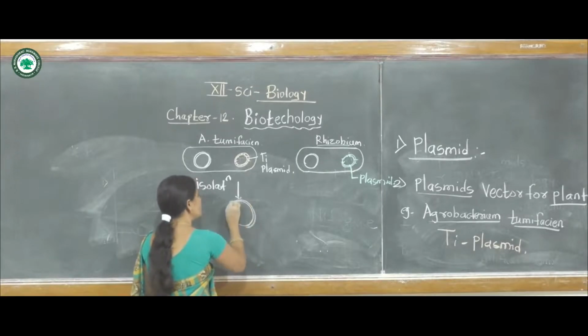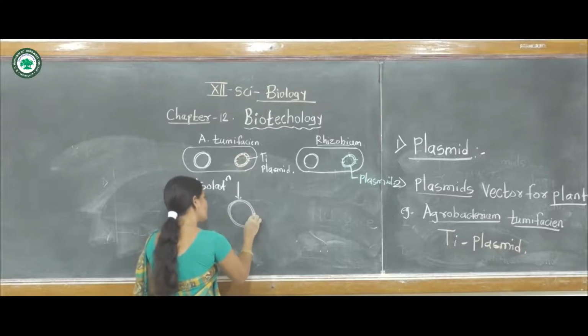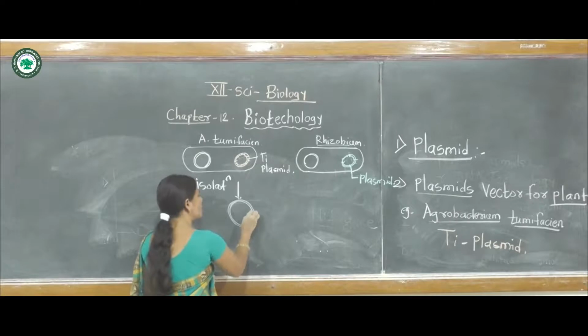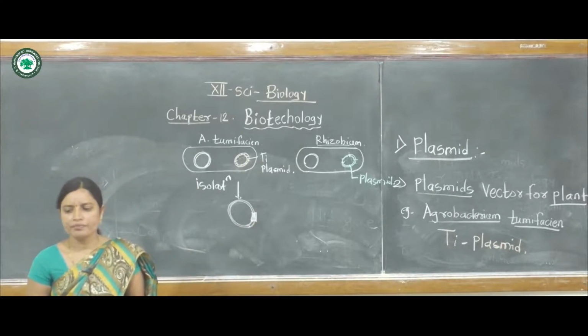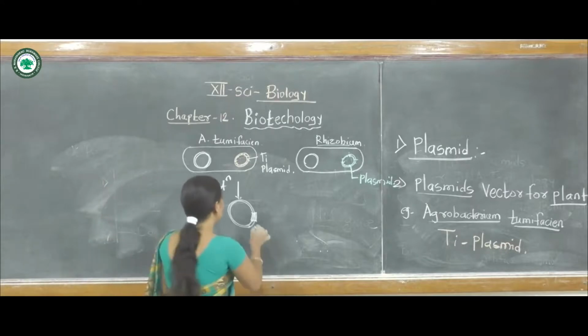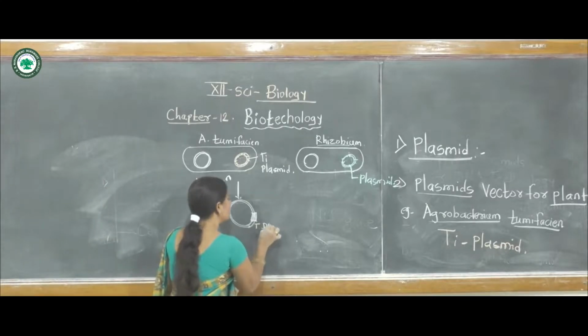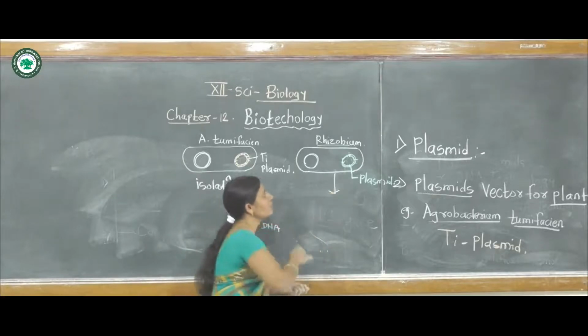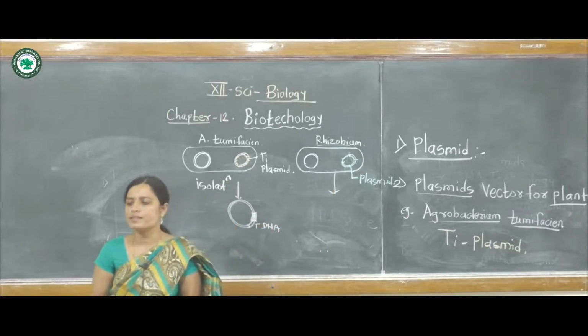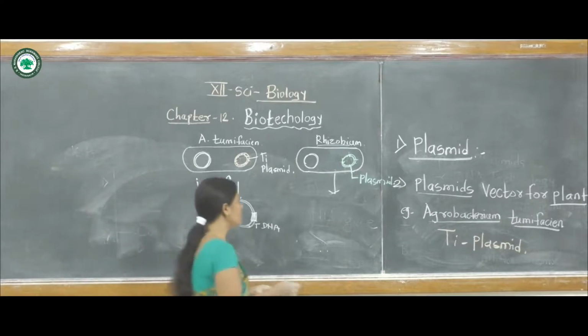This portion is cut, and this is the T-DNA. Now, from the other cell, the Rhizobium cells, they can isolate the plasmids.